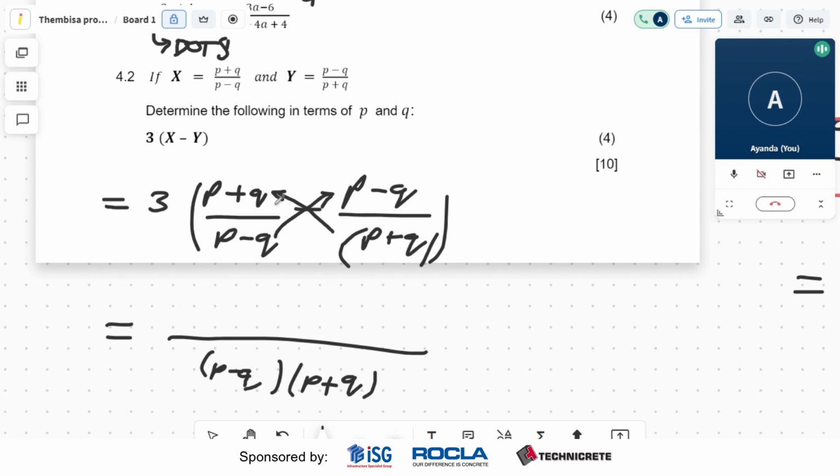So (p + q) is going to give us (p + q)², (p + q) times (p + q). And this is going to be minus (p − q) times (p − q), which gives us (p − q)². And all of this is multiplied by 3.